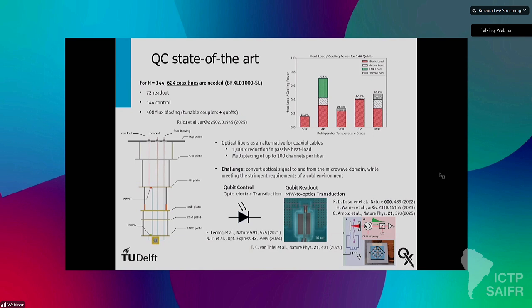So if you have the same number, you're going to have much less heating. You can increase it by 2 orders of magnitude, and you will have a similar heating there. For the qubits, you will probably need some additional lines going in there. So it's not like you will replace everything. But I think most importantly, the control lines is something you can get rid of. That makes sense. Yeah.